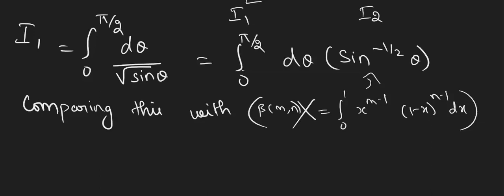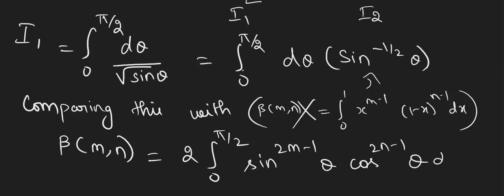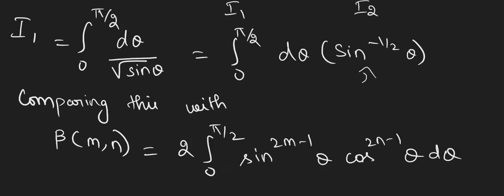What I am going to use, comparing with beta of m comma n, is 2 into integral 0 to pi by 2 sin power 2m minus 1 theta cos power 2n minus 1 theta d theta. Now you don't have any confusion. We are not using the first formula, we are using only the second formula.